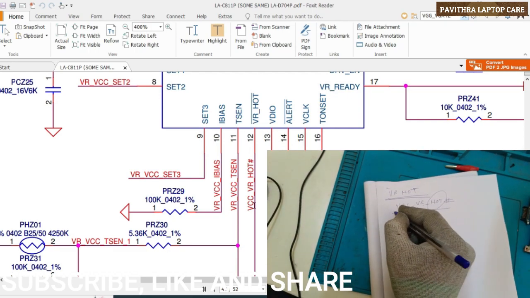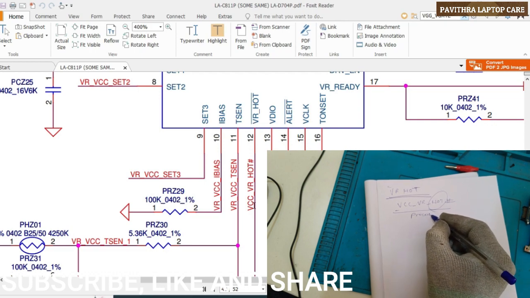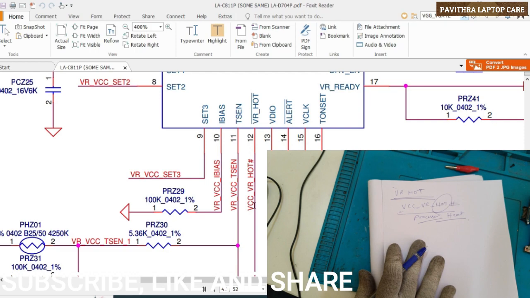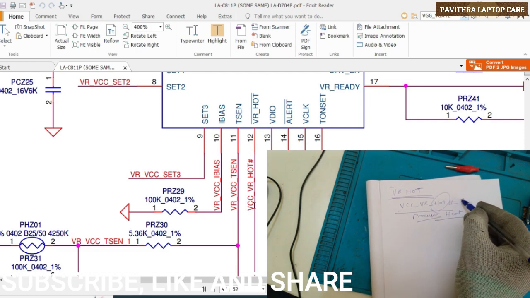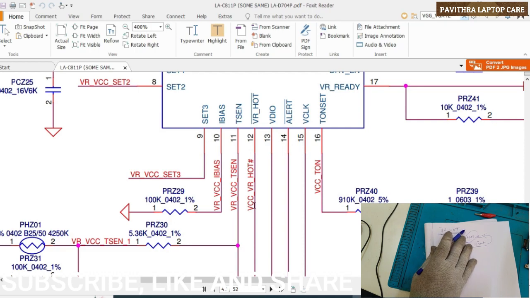Okay, once the processor gets more heat, this signal goes to the particular pin, then this IC will stop working by this signal. You know why? Because a particular temperature limit will be there.